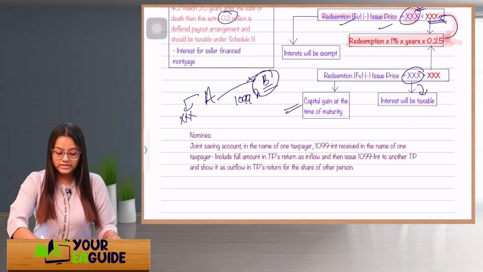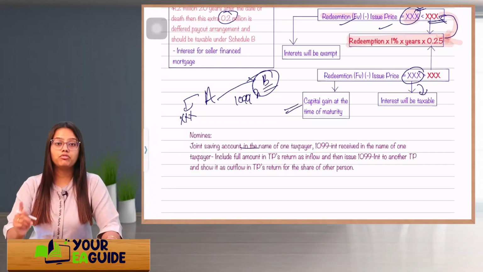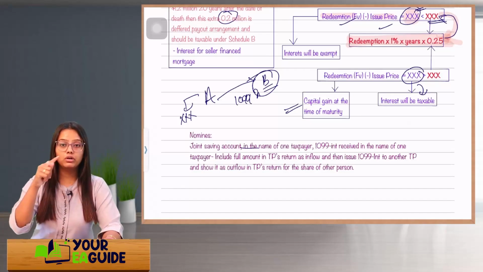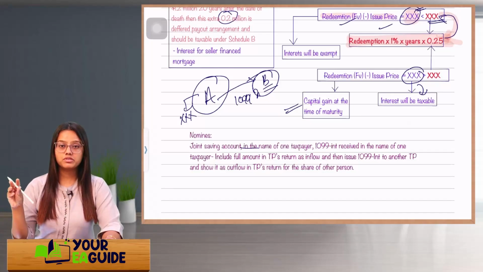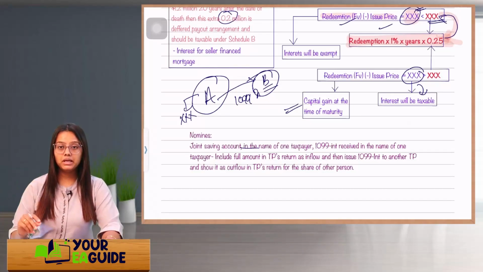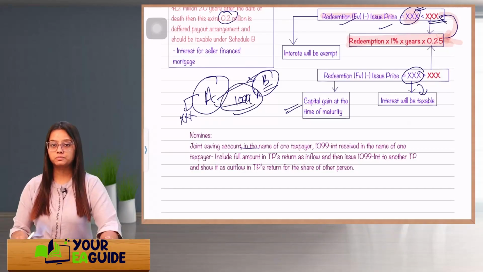So for a joint savings account, when the 1099-INT is received in the name of only one taxpayer, include the full amount in that taxpayer's return as an inflow, and the proportionate amount of Mr. B will be excluded from that return, and B will include it in his return based on the 1099-INT which A will issue.